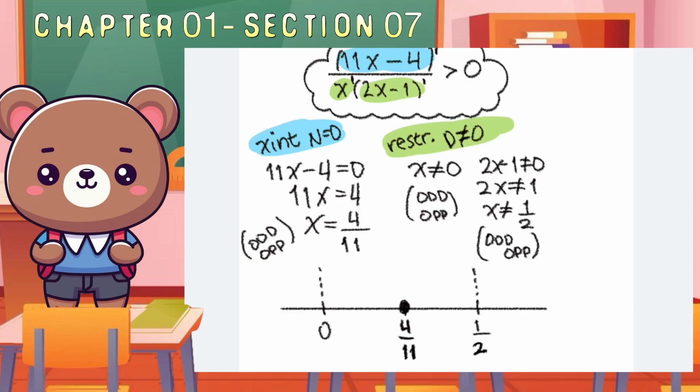But if you test 1, 11 times 1, 11 minus 4 is going to be 7. And then on bottom, you'll have 1 times 2 times 1 is 2 minus 1, 1. So we'll get 7, which is positive. So in either case, to the right of 1/2, you will get positive, and they're all odd opposites. So negative, positive, and negative.